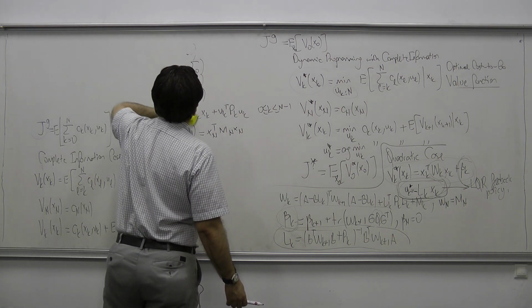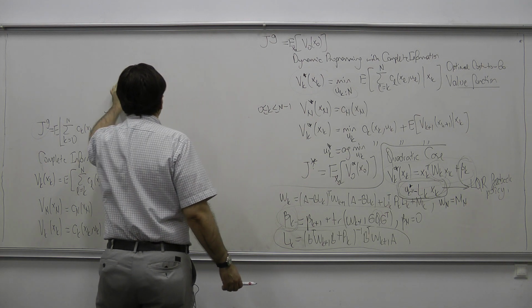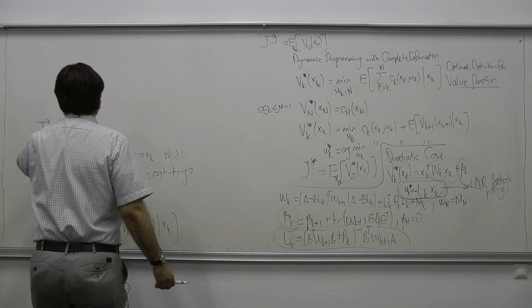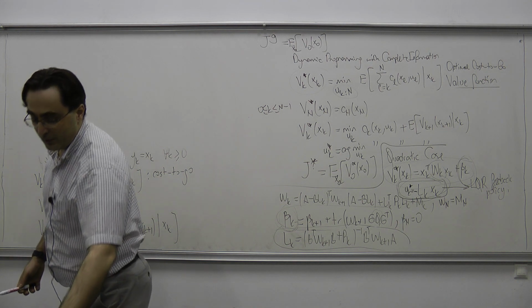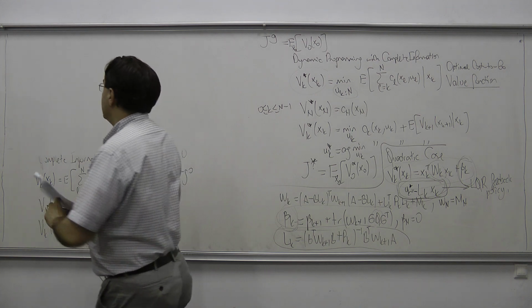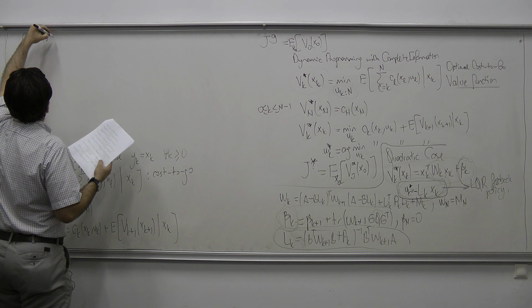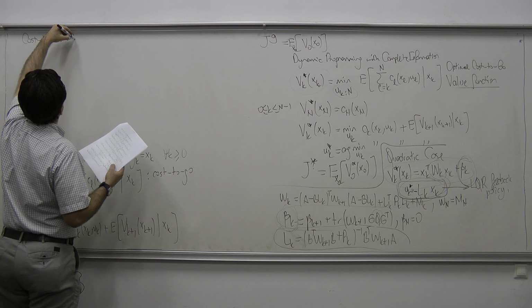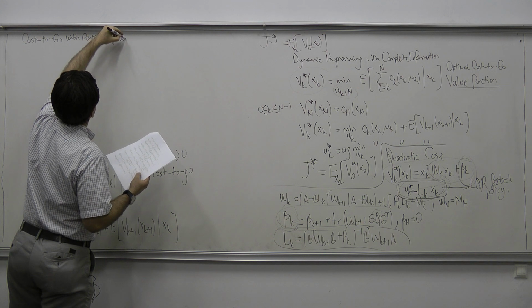We only have partial information, and that means that we need to use some estimator in order to be able to calculate an estimate of the state. So now let us see, cost to go with partial information.